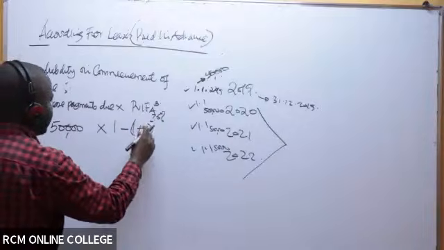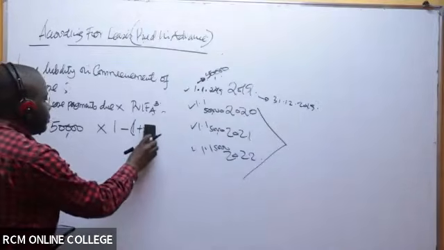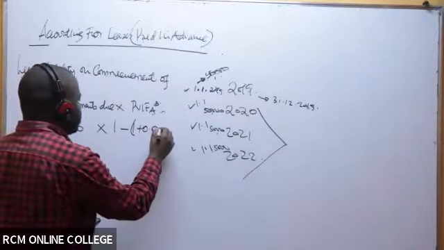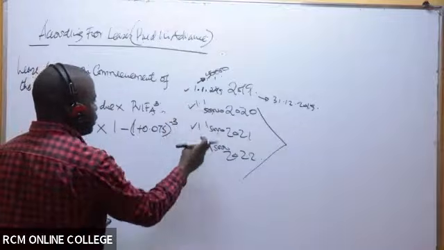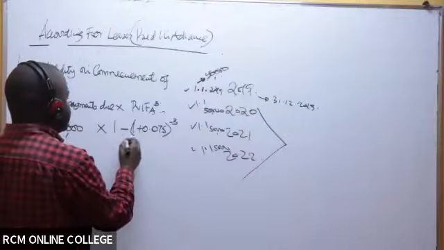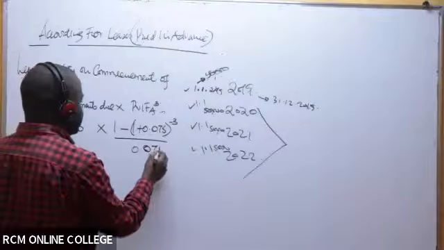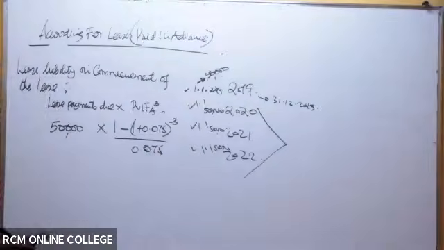So in this case, our r here is 0.075, raised to negative 3 years, 1, 2, 3. So in this case, you divide by 0.075.